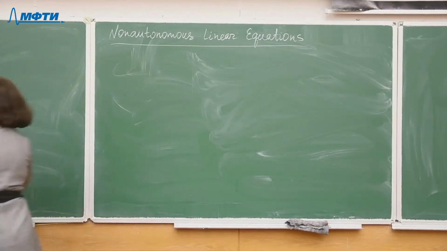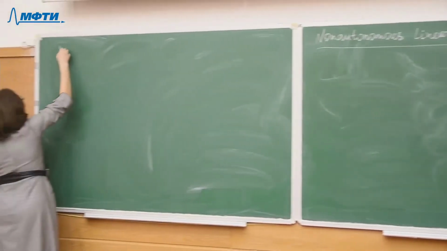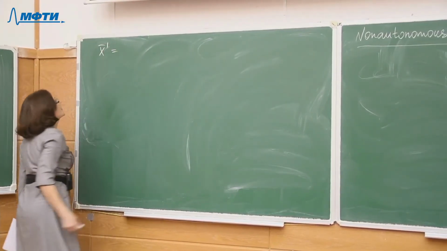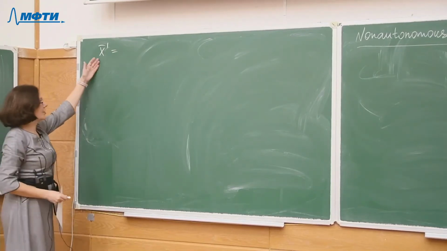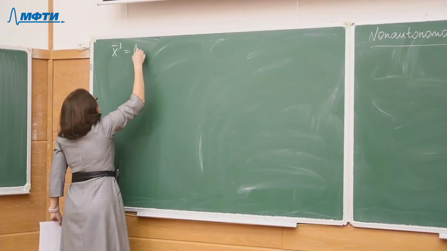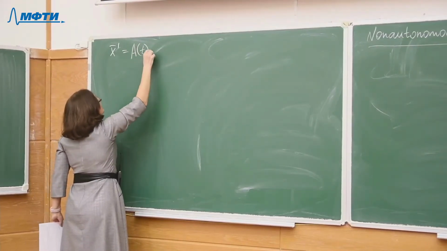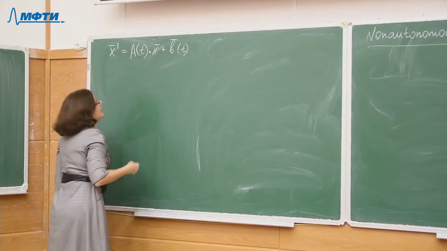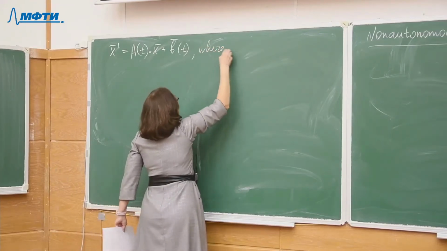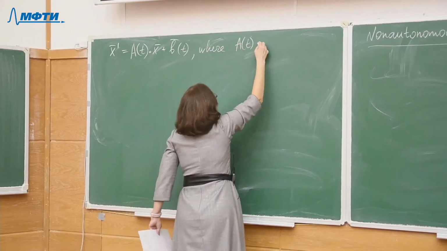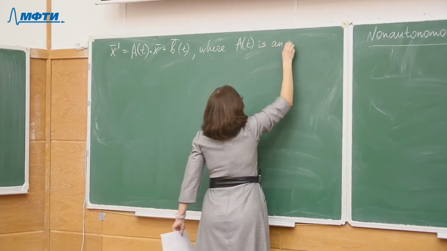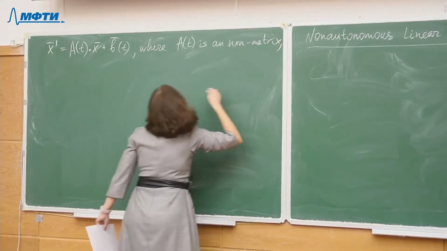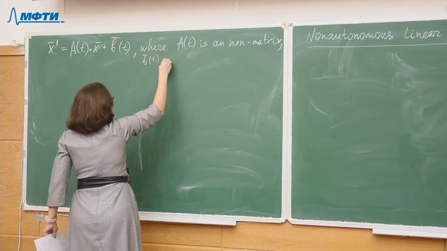So we will consider, I will use this part of the blackboard, the equation of the form x prime, so this is the vector function, equals the product of the matrix times x plus the vector b depending on t, where A of t is an n by n matrix, and b of t is a vector.